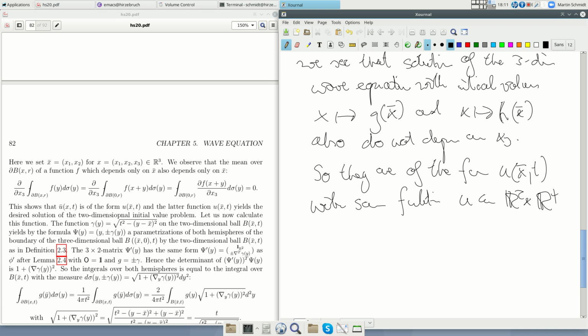And this u solves the two-dimensional wave equation.